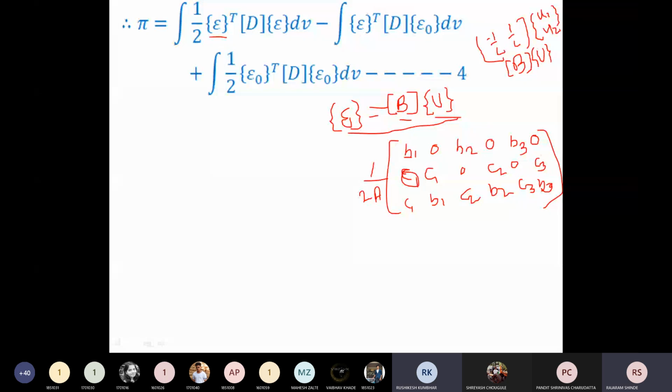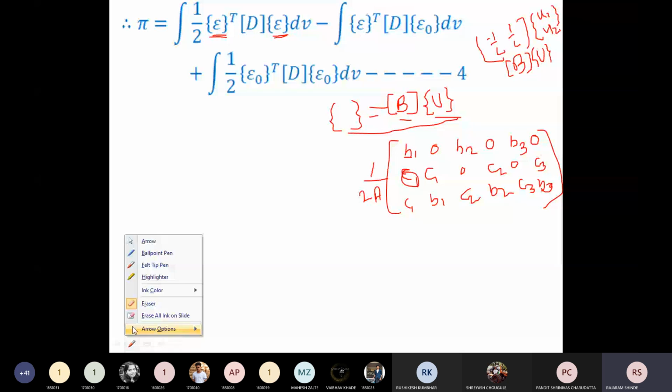Next step. Okay. Now you just replace this epsilon transpose by B into u. See here, can you replace this term epsilon? Here I have written epsilon is equal to B into u. Do you know this B into u is equal to epsilon? Yes sir. Yes, B into u is equal to epsilon.